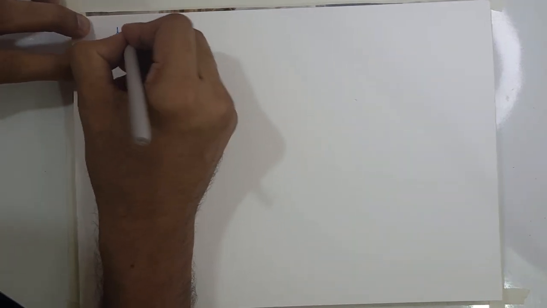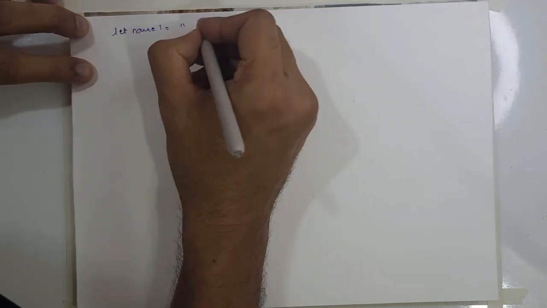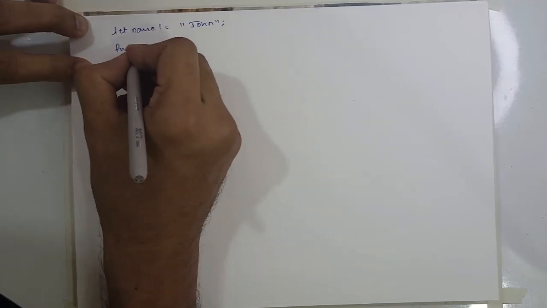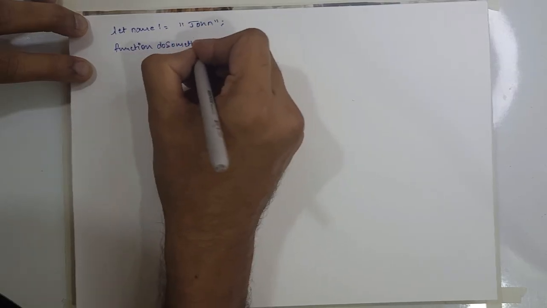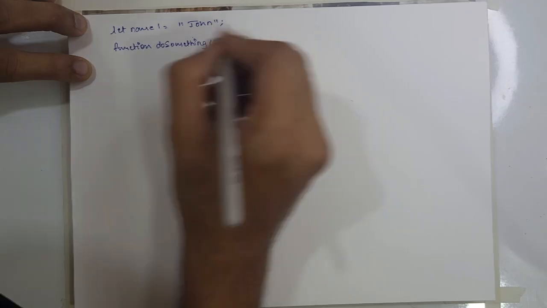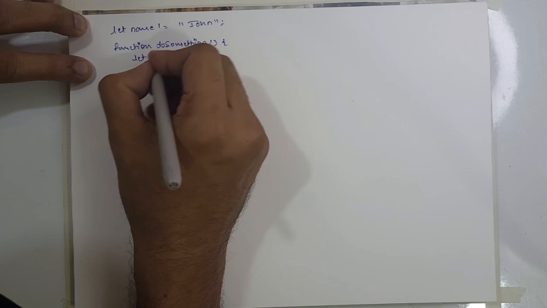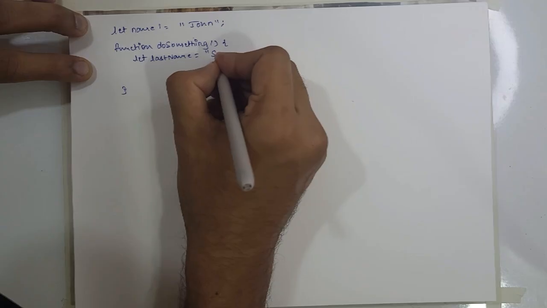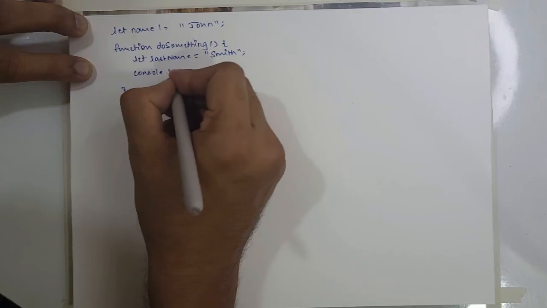So basically, let's understand if this is the function. Let name1 is equals to, suppose, John, and I have a function do something, function parameters. This function has let last name is the variable name, is Smith, and I'm having console.log.